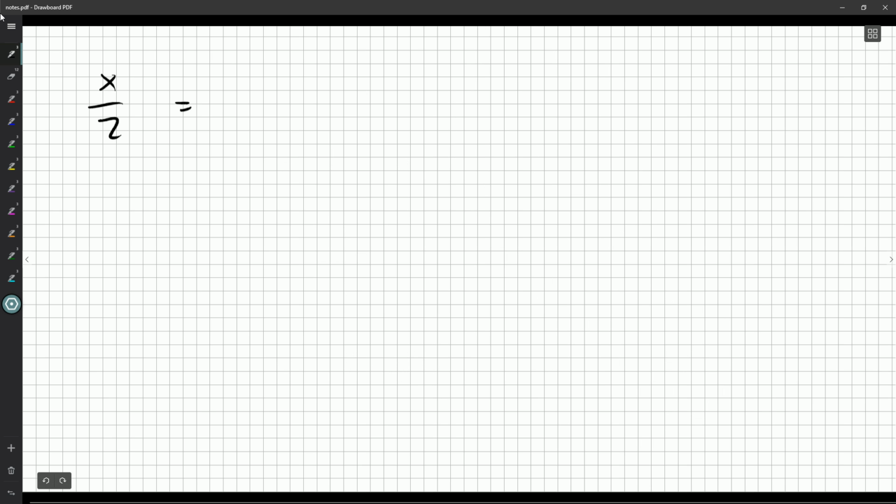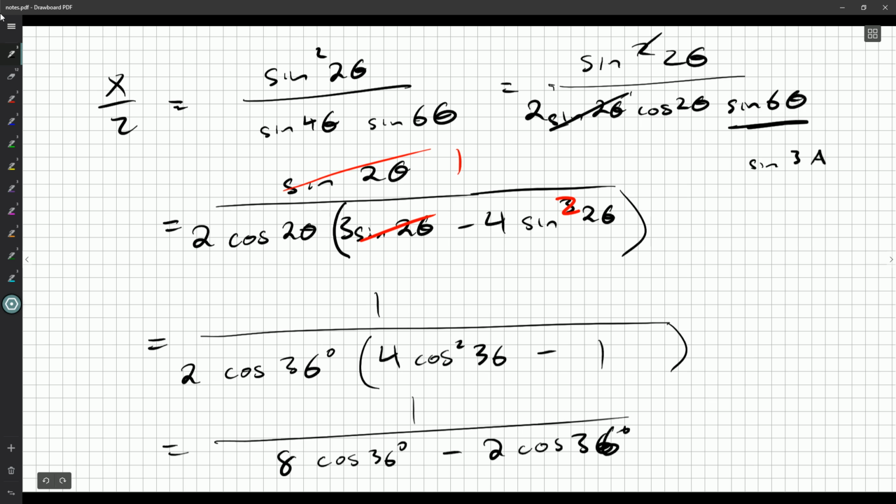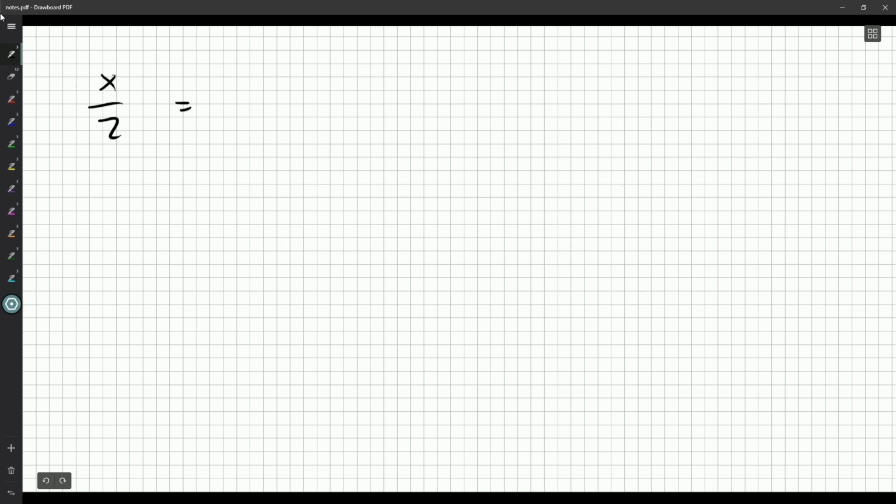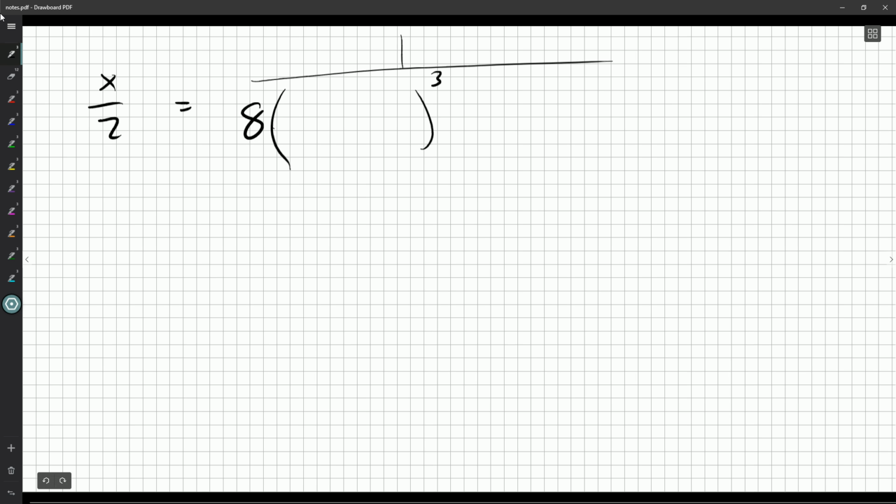So x over z is, this should be cos cubed. That's my mistake there. So I guess we can just simplify this. So 8, whatever that thing I just did was, cubed, minus 2, whatever that thing was.